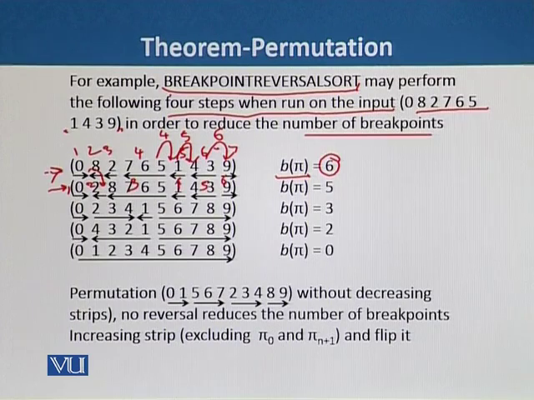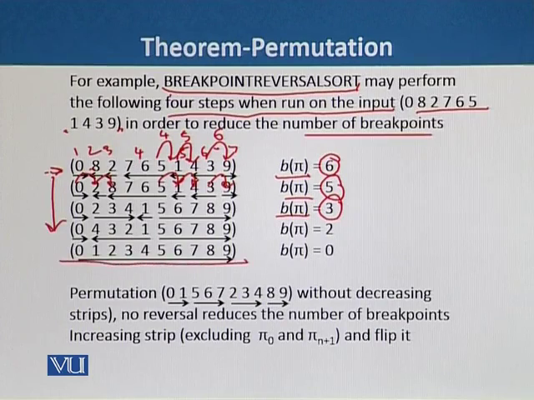And similarly, when the number of strips reduces, the number of breakpoints will also be reduced to 5. And we can see the number of breakpoints is 1, 2, 3, 4 and 5. So we will continue to reverse the order of the elements, and as we reverse the order of the elements, the breakpoints will be reduced also, and ultimately we will come to the point when there will be no breakpoint.